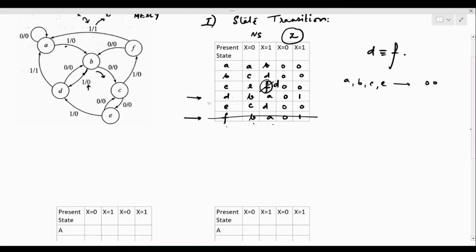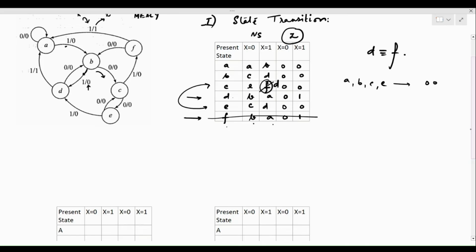If we compare E and C, E is moving to C and C is moving to E for x is equal to 0. And they are moving to D for x is equal to 1.